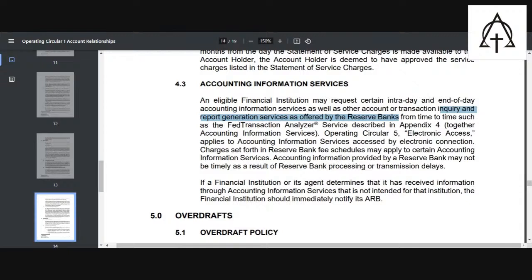Together, accounting information services. Operating Circular 5, electronic access, applies to accounting information services accessed by electronic connection.